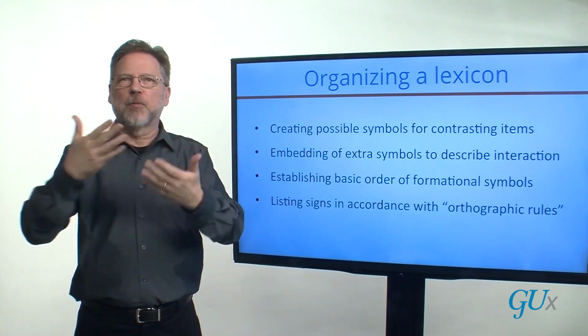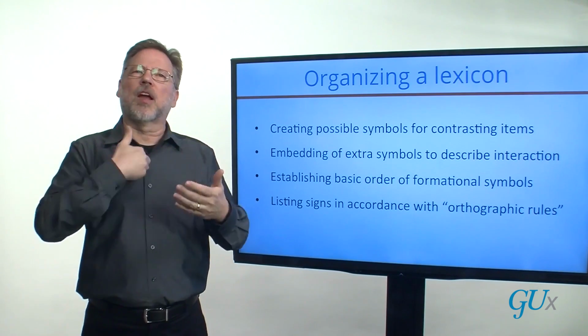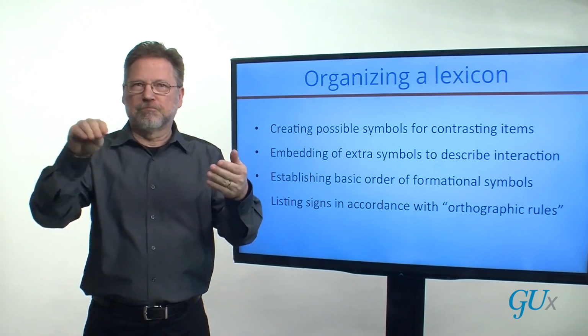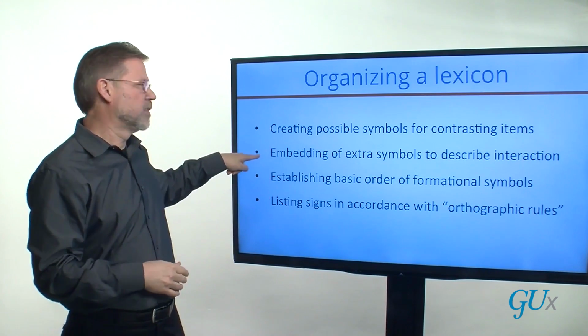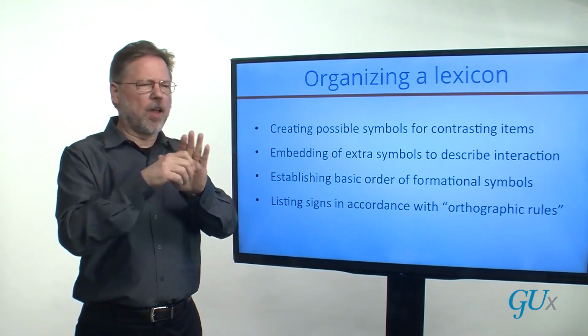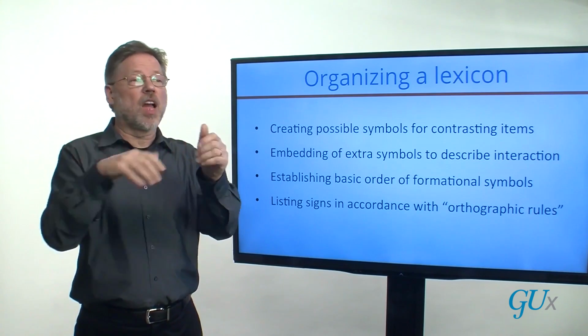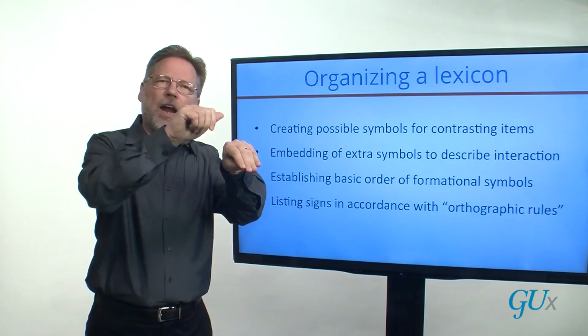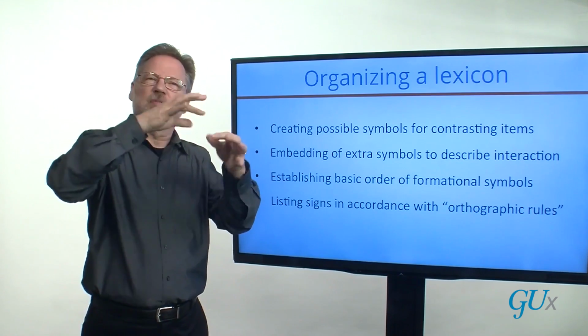Basically, he had to start by breaking down the parts of a sign and assigning a symbol to each part. Next, the system had to allow for multiple symbols to describe and show layers of interaction through embedding.